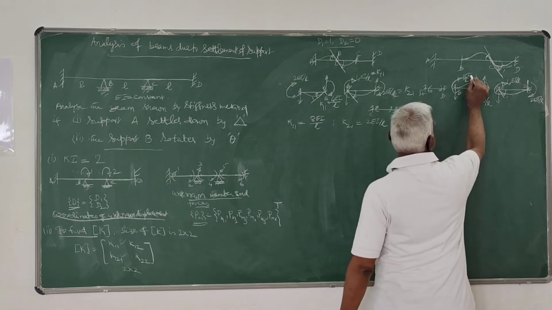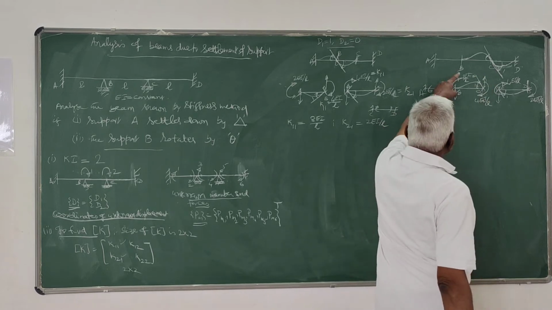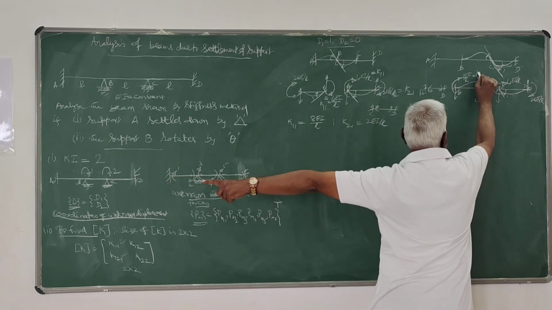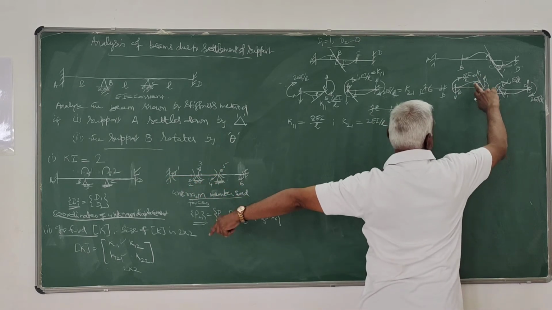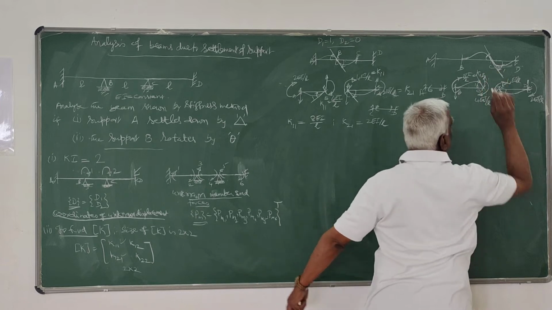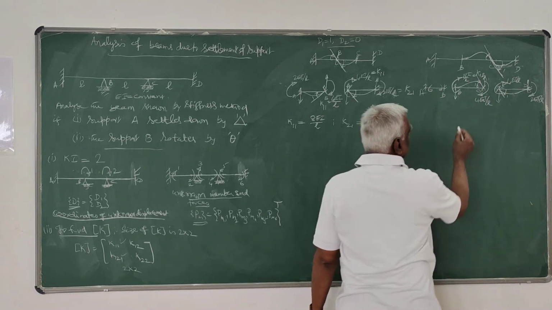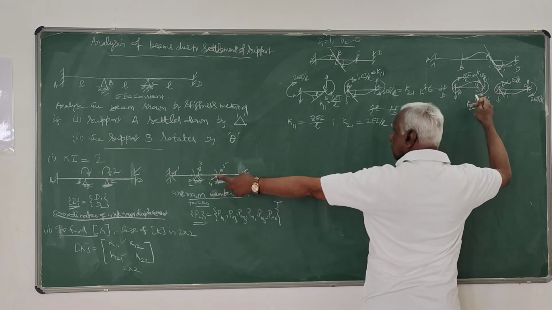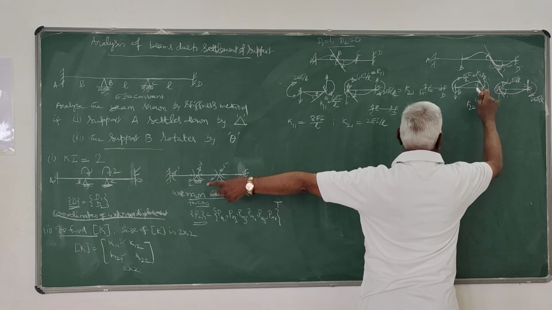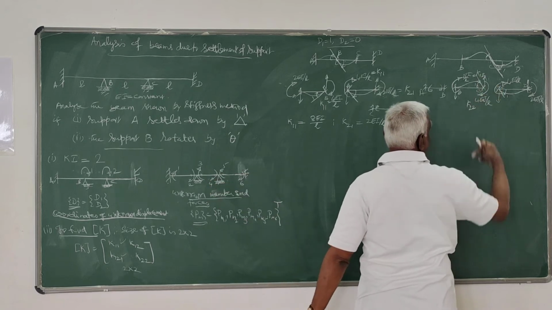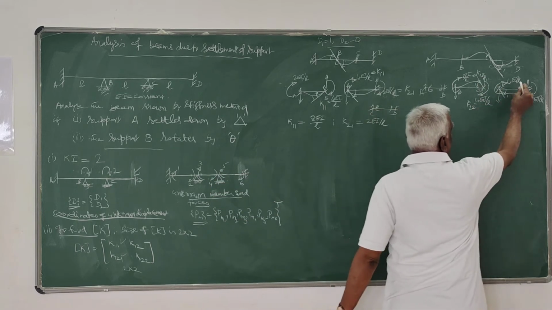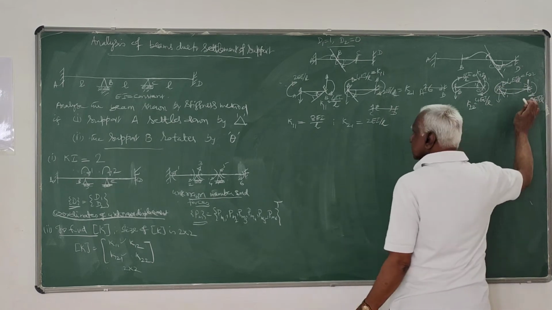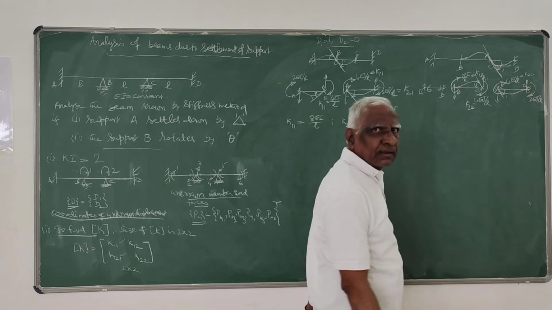So this force corresponds to the first coordinate when unit displacement is given at the second coordinate, K12. This is K22 because it corresponds to 2, that is 2 at C, when unit displacement is at 2 itself. Here, this is also K22 because that's also at C. This is not required at all.